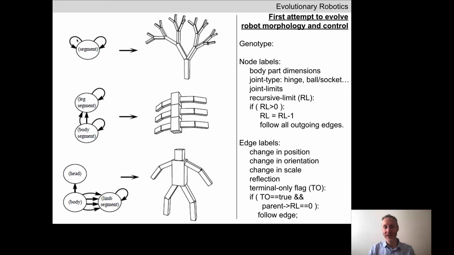As we move from the root node along, for example, the first edge, that edge also has a series of parameters associated with it. And as you can see, these parameters are deltas. So as we move along the edge, we take with us information about the body part we just built. As we go along this edge, we take information about the length, width, and height of this root branch.